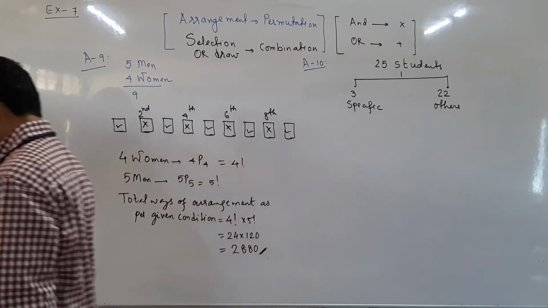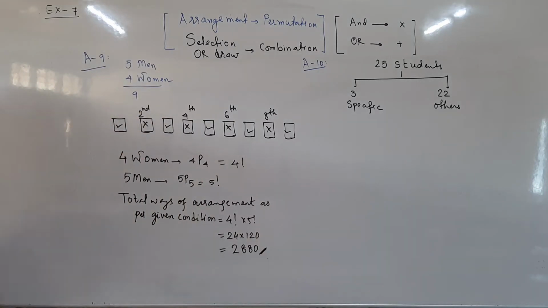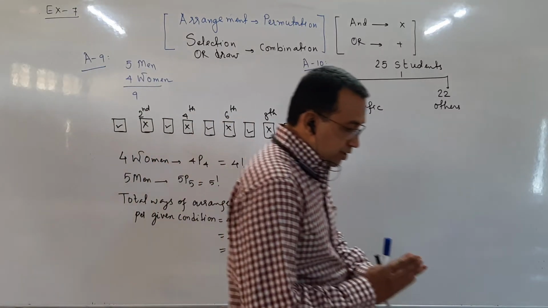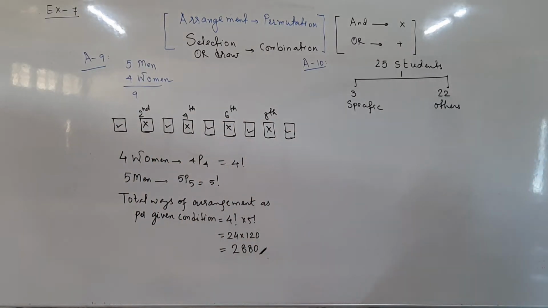Students, we have divided the class of 25 into 2. Data collection. The same thing I was reiterating in exercise 7.4. If you remember, students, data collection becomes a very important aspect of the sum.